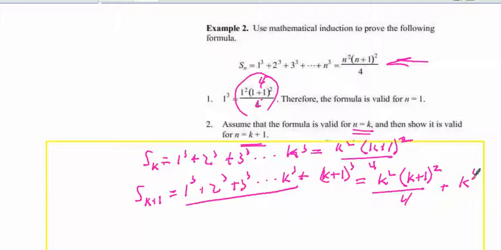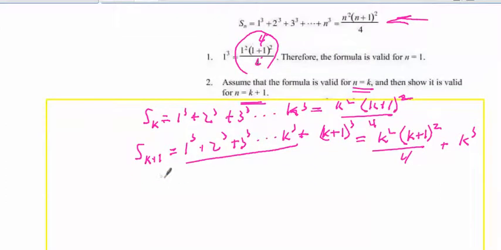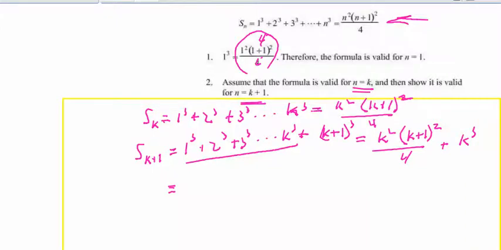So the question is, how can we combine those? I made a little bit of a mistake here. Got distracted by a student. This should have been (k plus 1) cubed, which is this last term right here. So that needs to be brought over. And now we'll just continue with that.